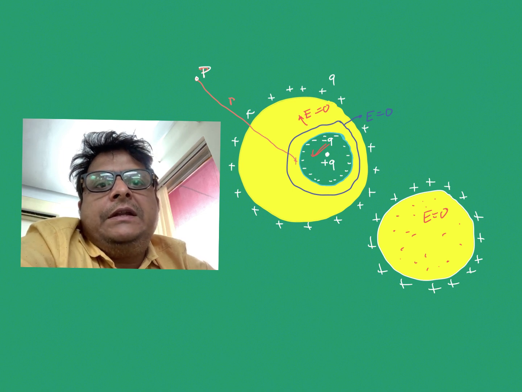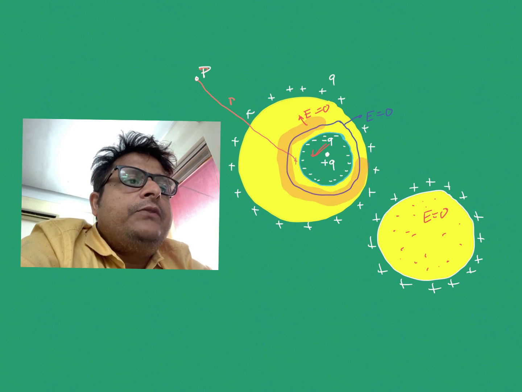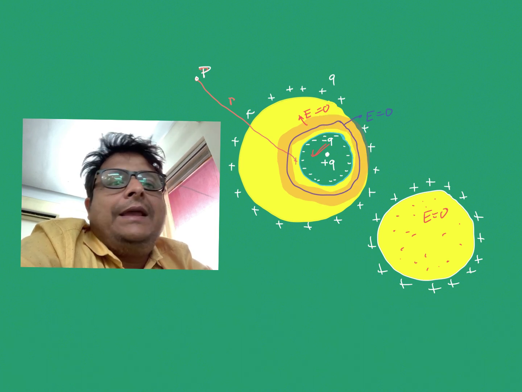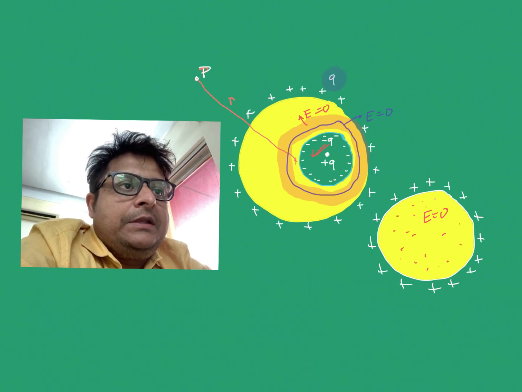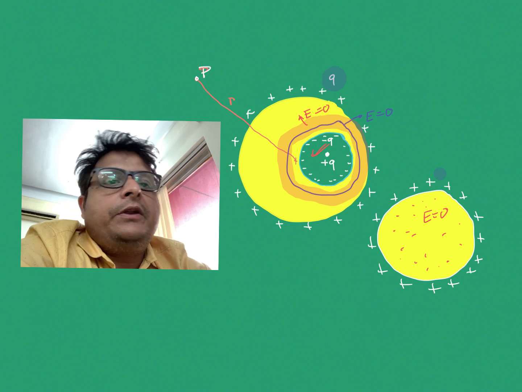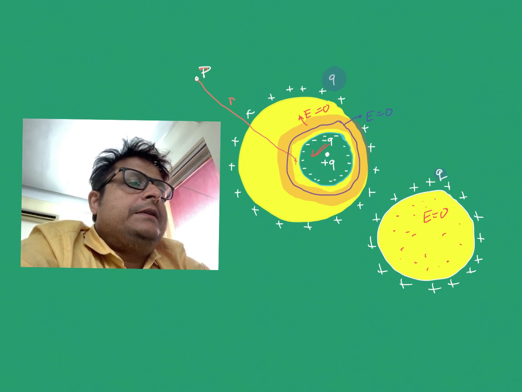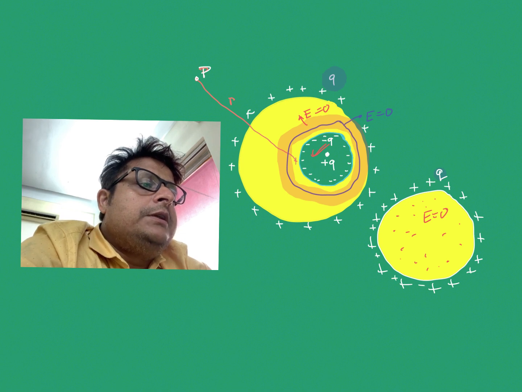Charge communicates through fields, right? And the electric field is 0. So, in Professor Walter Lewin's language, this charge q doesn't know what's going on inside. That means the charge q will be uniformly distributed on the surface of the sphere.